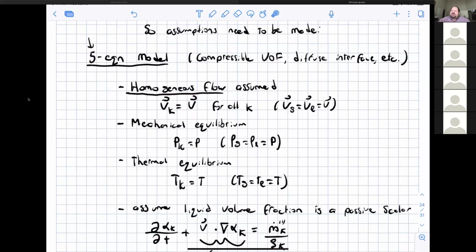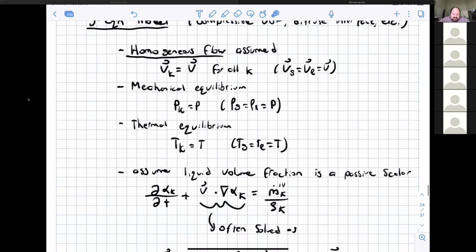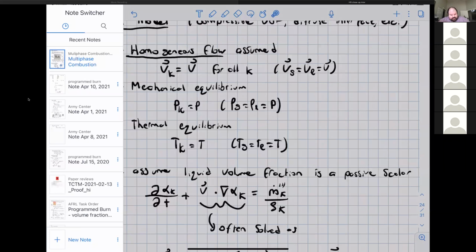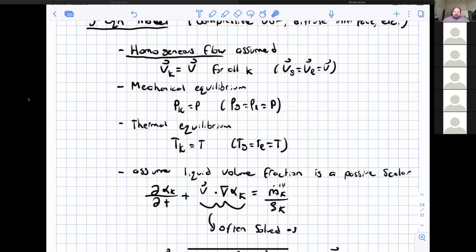And that allows us to make a simplification. We're going to assume mechanical equilibrium, that is, the pressure of the gas and the liquid or the solids is the same. So basically we only have one pressure. We don't have a pressure for the gas and a pressure for the liquid.